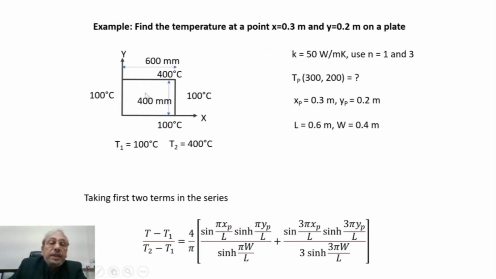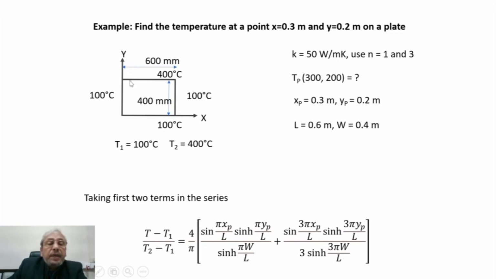So this is a plate which is 0.6 meter long and width is 0.4 meter, and we have to find out temperature at a location x equal to 0.3 meter and y equal to 0.2 meter.